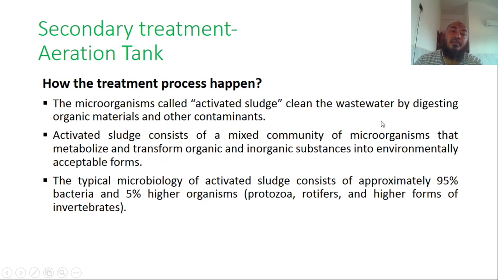How does the treatment process happen? The microorganisms called activated sludge clean the wastewater by digesting the organic material and other contaminants. Activated sludge consists of a mixed community of microorganisms that metabolize and transform organic and inorganic substances into an environmentally acceptable form.